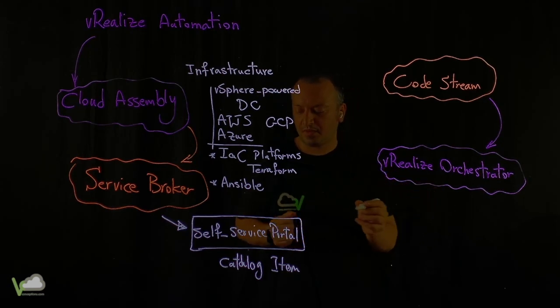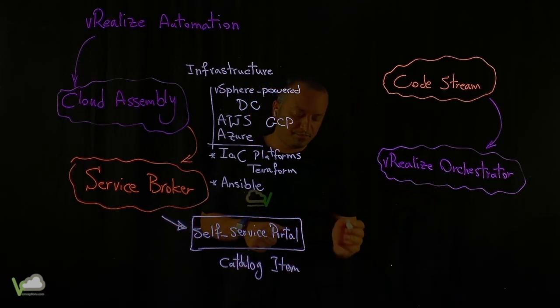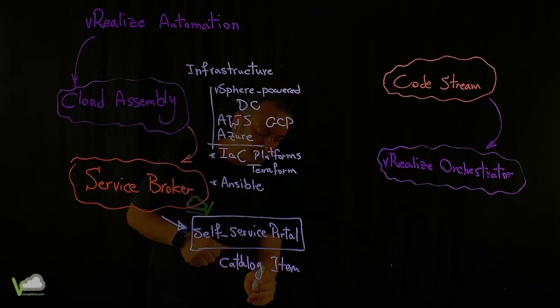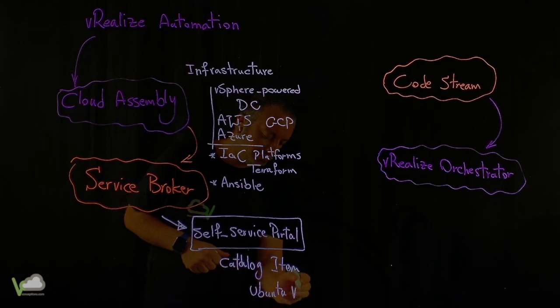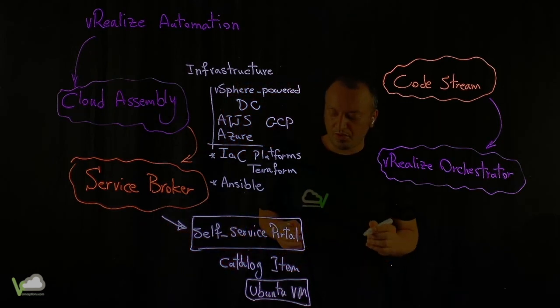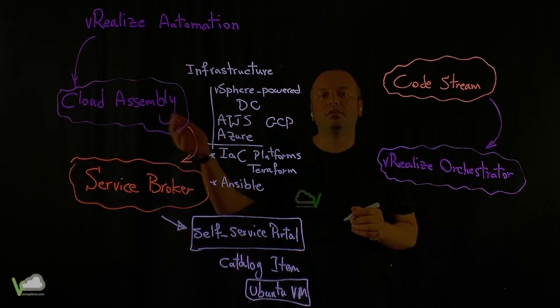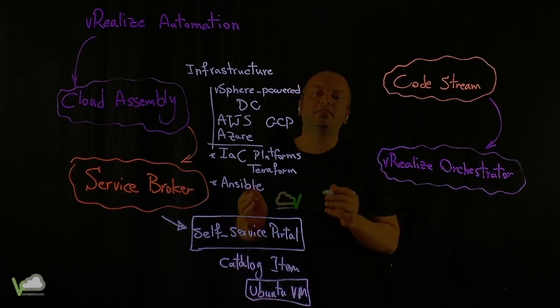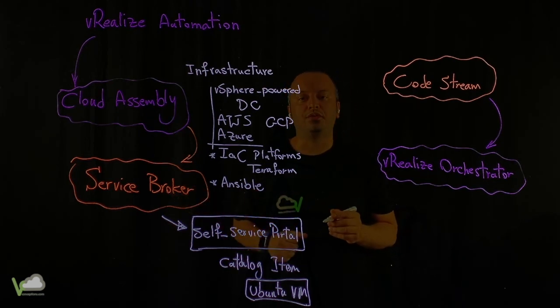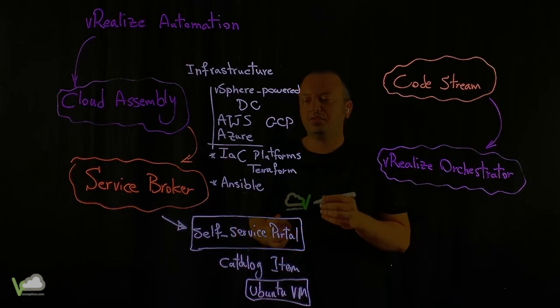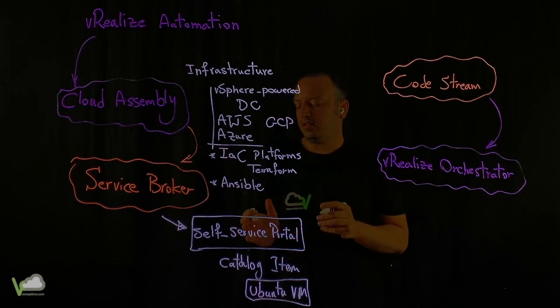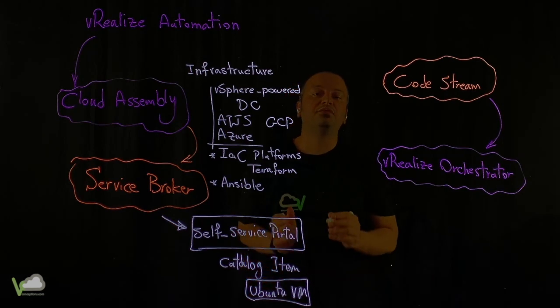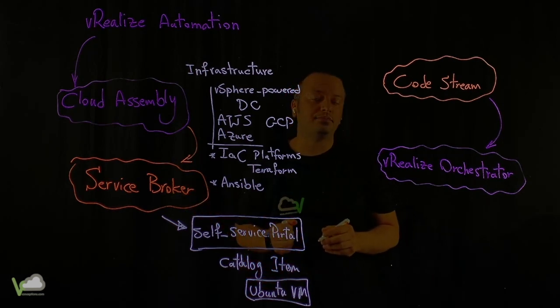For example, if you have a cloud template for an Ubuntu virtual machine, you need to first define it here in Cloud Assembly and then release it as a catalog item into Service Broker. Then the user who has the right to use this catalog item can request it through Service Broker.